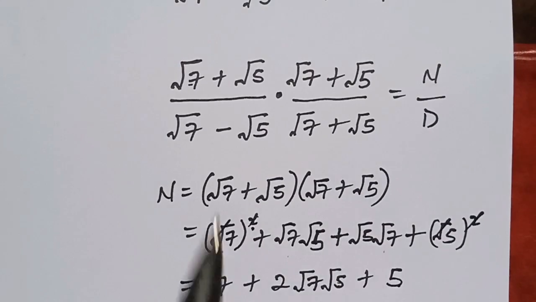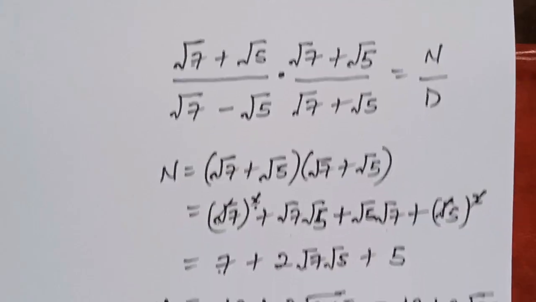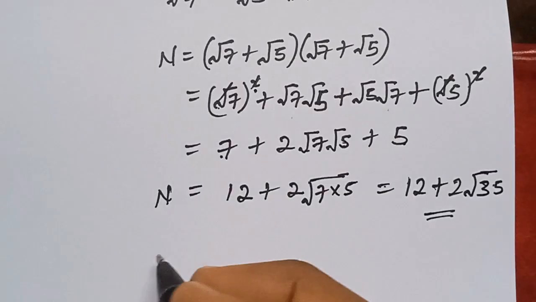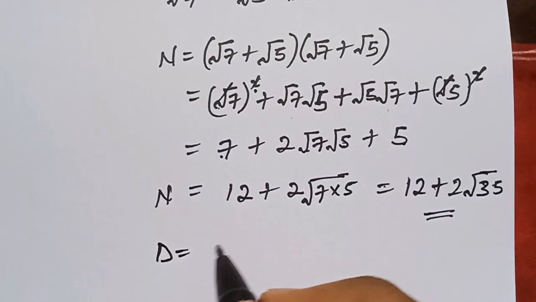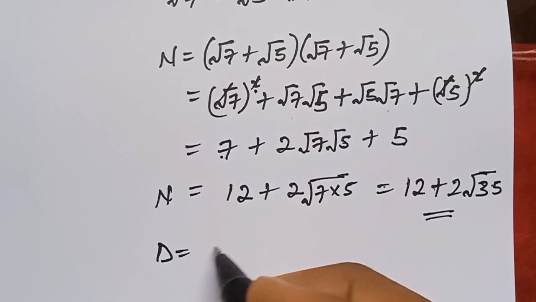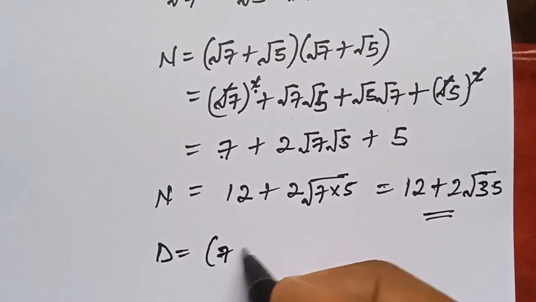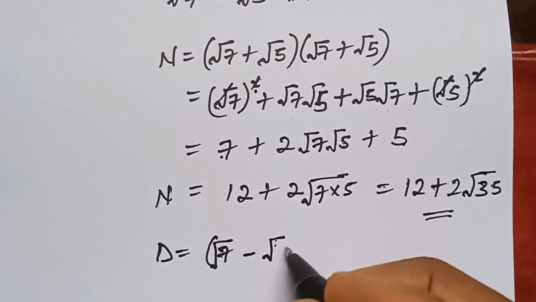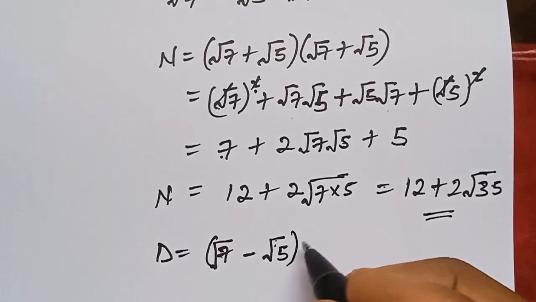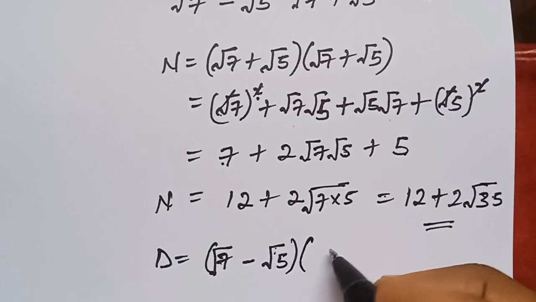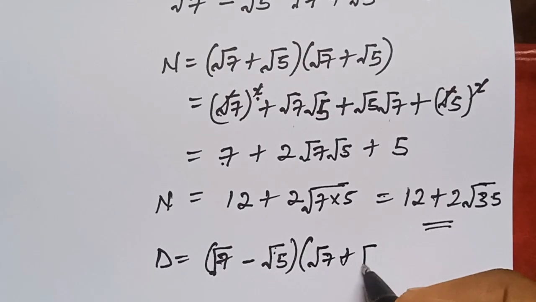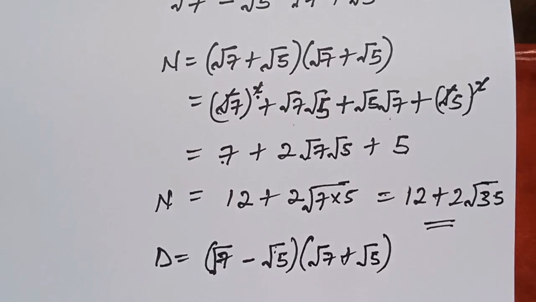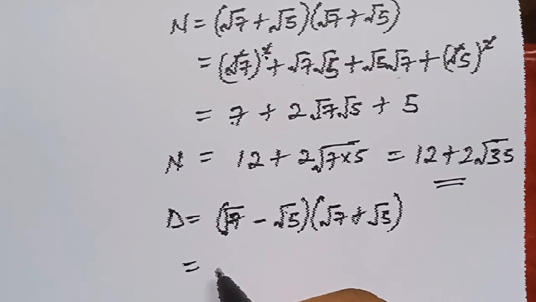Now let's go for the denominator d. That will be d expanded as square root of 7 minus square root of 5 multiplied into brackets square root of 7 plus square root of 5. So we want to expand this as well.